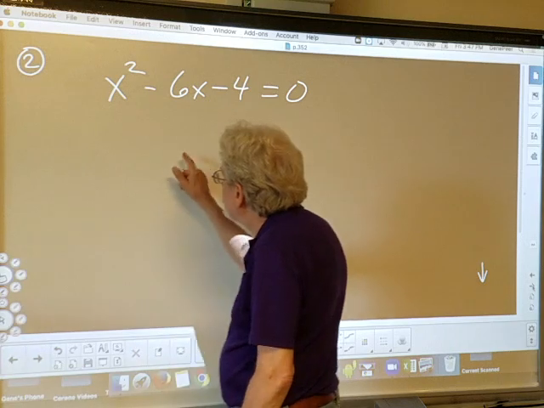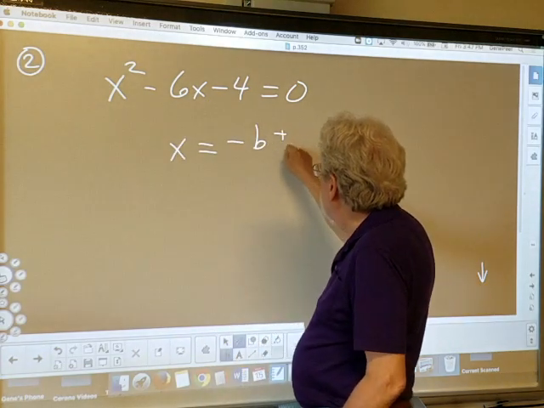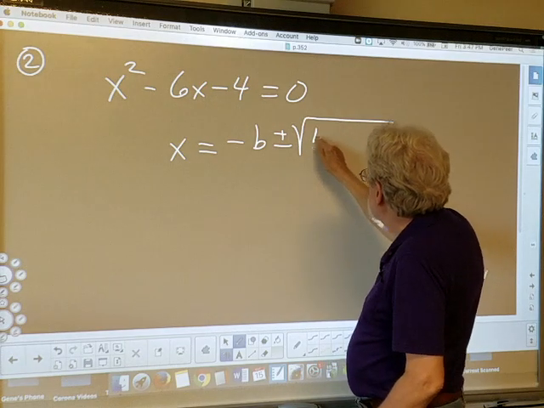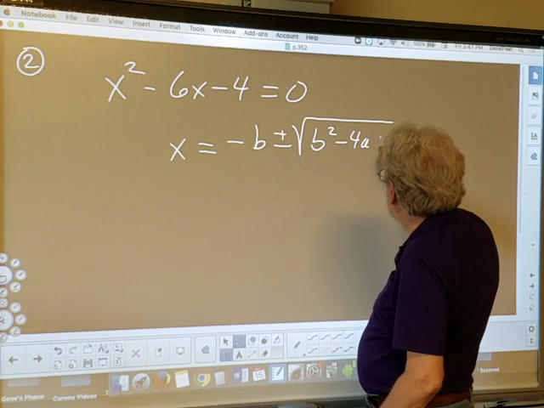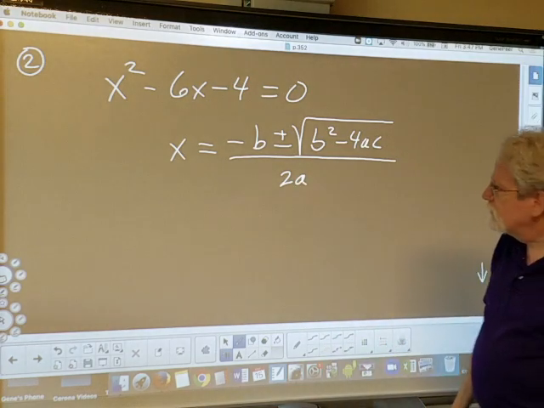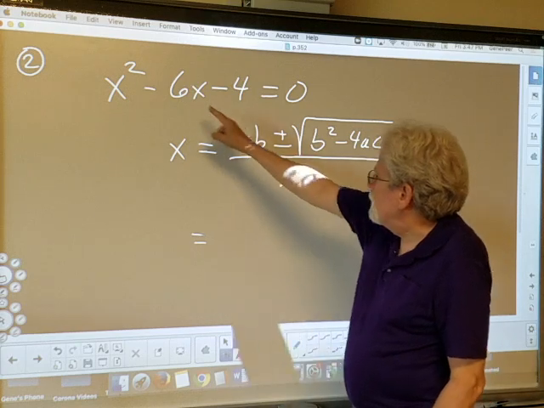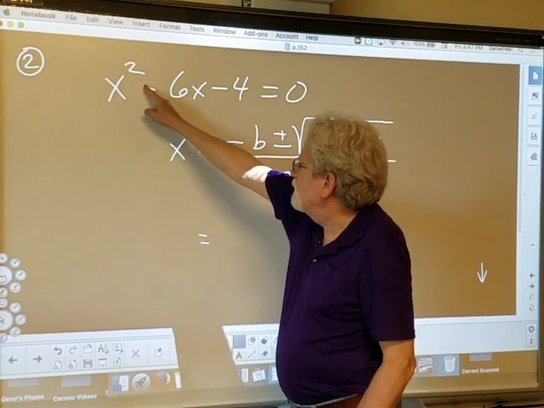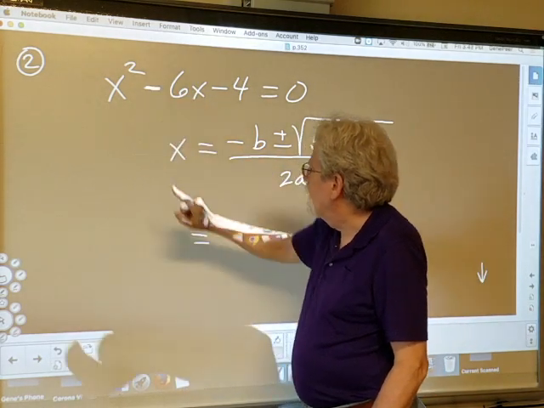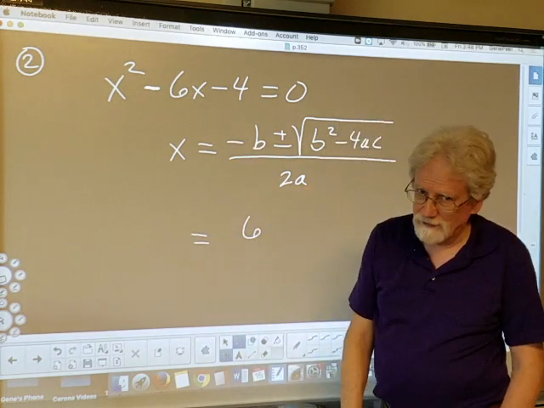So for number 2, if x equals the inverse of b plus or minus the square root of b squared minus 4ac all over 2a, then what do we have? x is the inverse of b, there's b, but watch out, b is negative 6. So the inverse of b becomes positive 6.